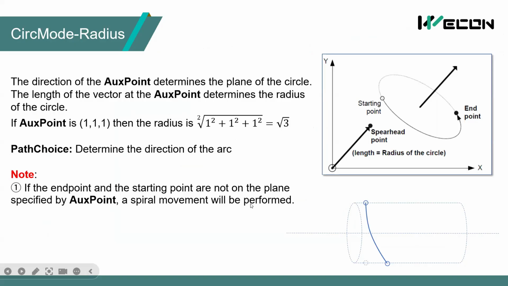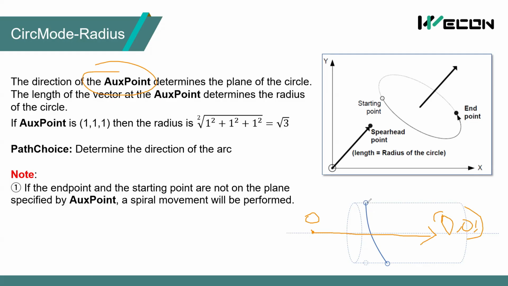And also, for example, if our start position and end position are not on the plane which is specified by the axis position, like this. For example, this is our zero position, and our aux position may be 0, 0, 1 in this direction.